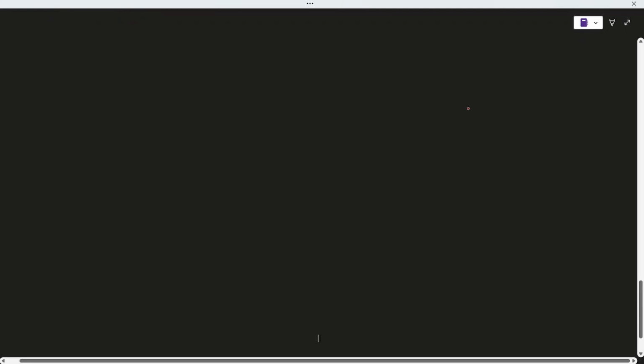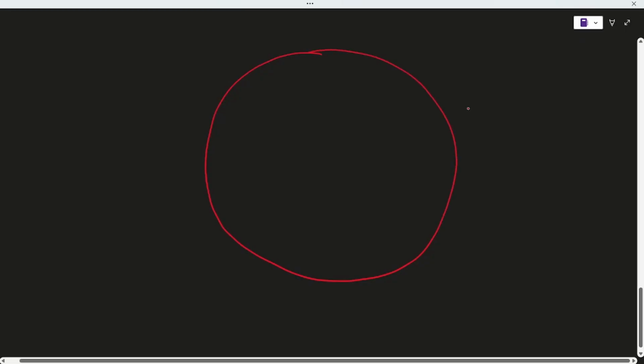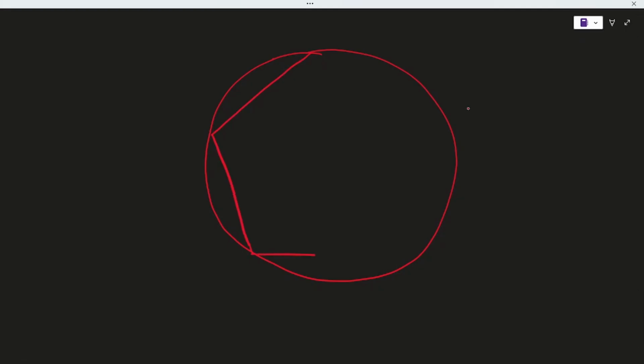One of the most well-known examples of polygons are regular polygons, when all of the sides and all of the angles are equal to each other. In this case, we can have a polygon inscribed in a circle, and this is not only for regular polygons, but in most cases we will see regular polygons. Any questions?